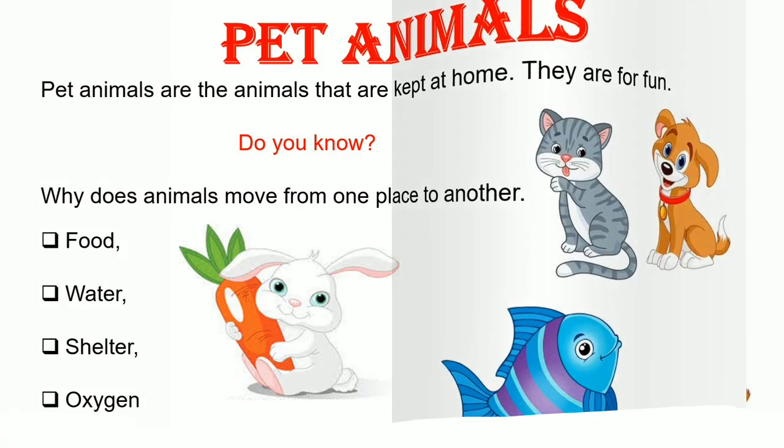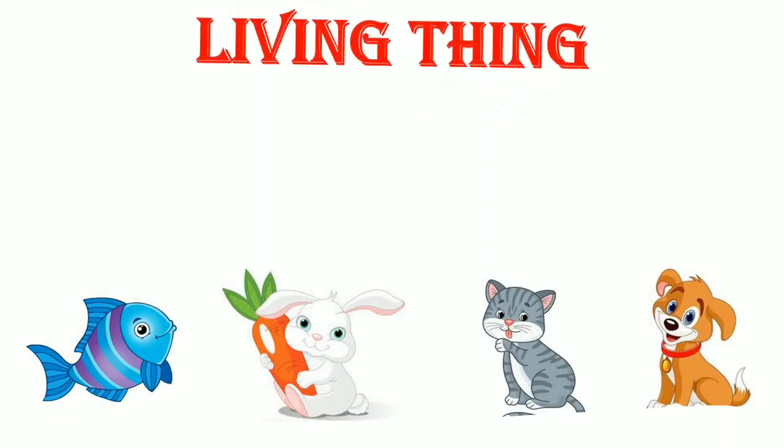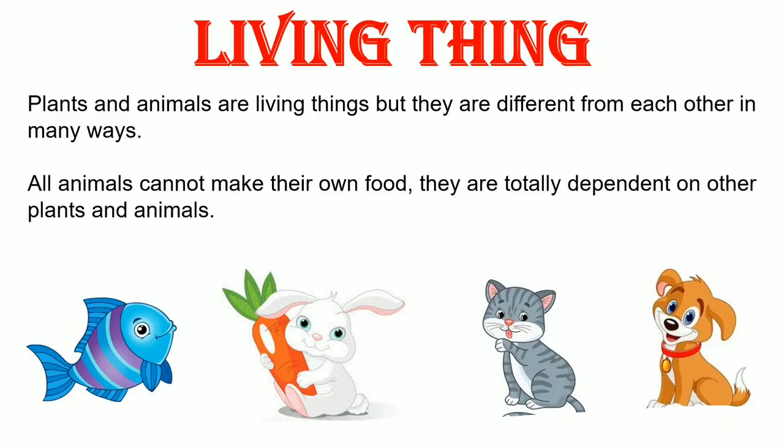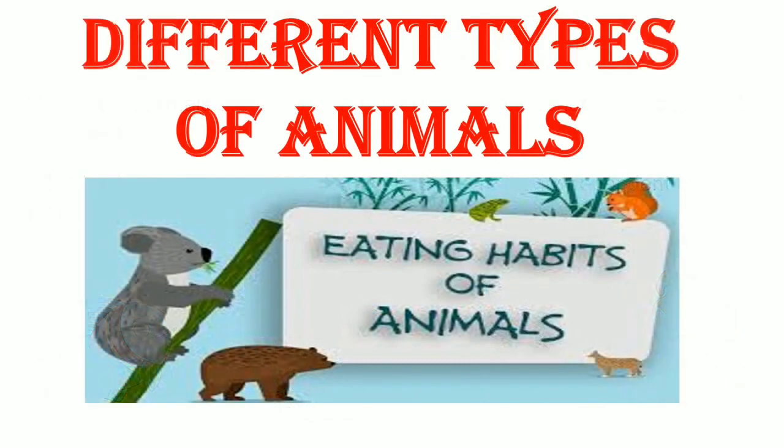First of all, let us understand the definition of living things. Who are living things? Plants and animals are living things, but they are different from each other in many ways. Do you know why? Because all animals cannot make their own food. They are totally dependent on other plants or on other animals.